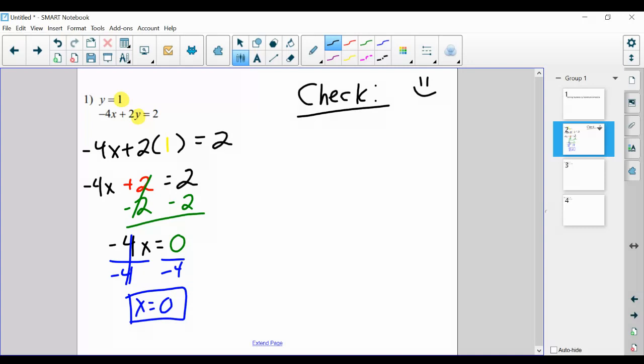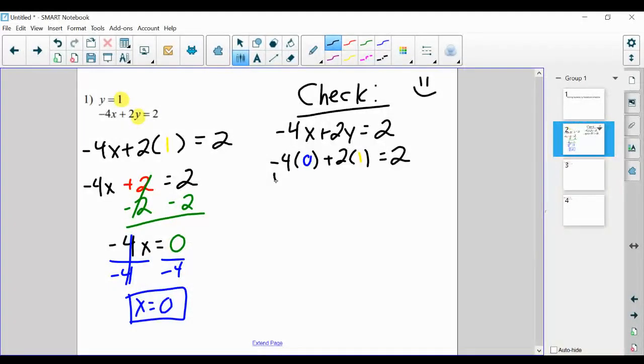So again, we already know that y is equal to 1, so there's nothing to check in that top equation. But we can go to that bottom equation. Negative 4x plus 2y is equal to 2. We can replace the x and the y letters, the variables, with what they're equal to. We know that x is equal to 0, and we know that y is equal to 1. So we can simplify now.